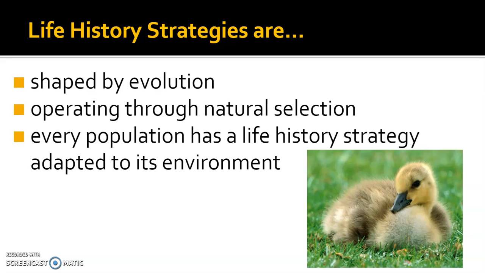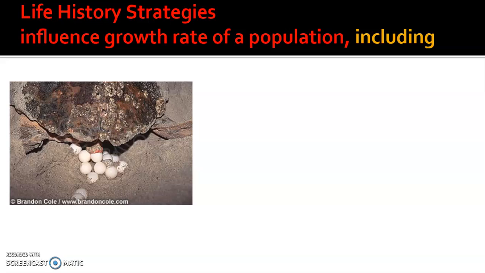And then also we have to understand that every population has a life history strategy that's adapted to its environment. So because we understand this, that means that it is an evolutionary choice. Okay? So when we look at it, life history strategies influence growth rate of a population.